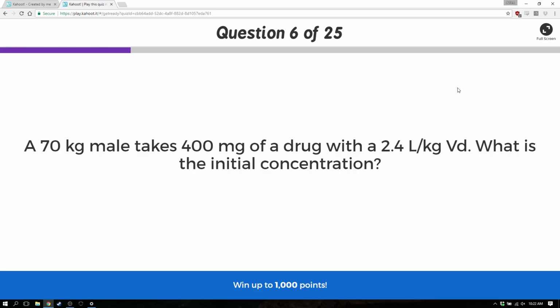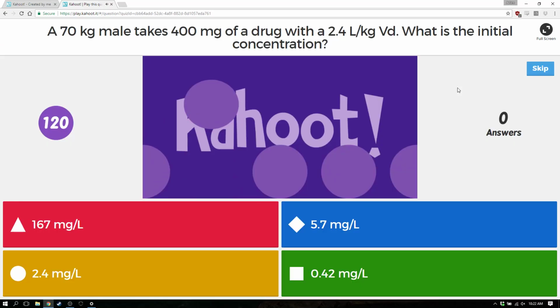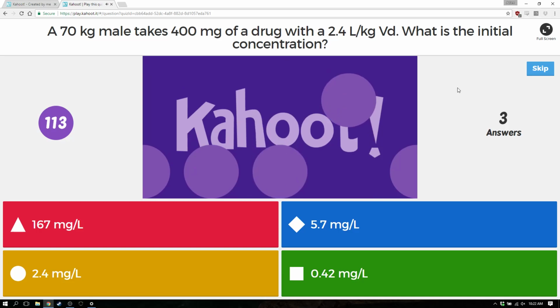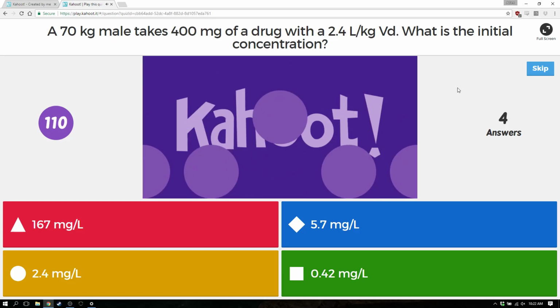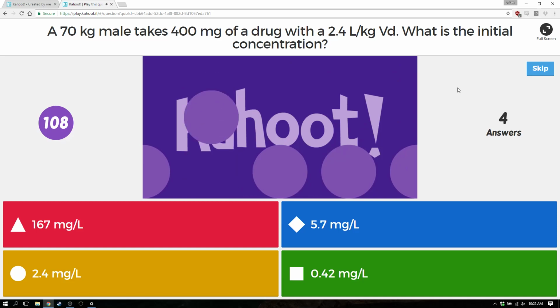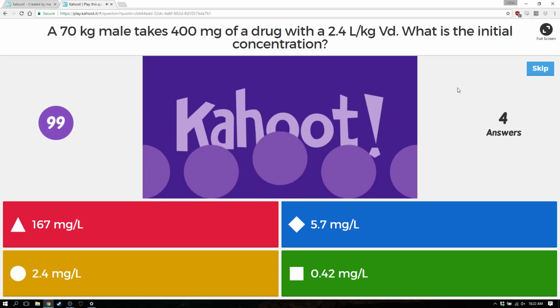All right. So a 70-kilogram male takes 400 milligrams of a drug with a volume of distribution of 2.4 liters per kilo. What is the initial concentration? Oh, good thing we just talked about that equation. I'll do it with you guys. Is that a high or low volume distribution?